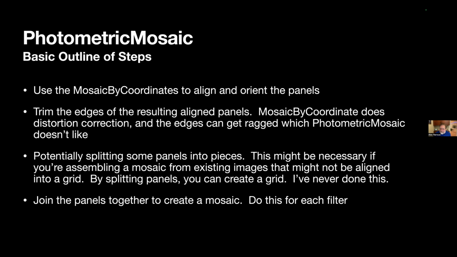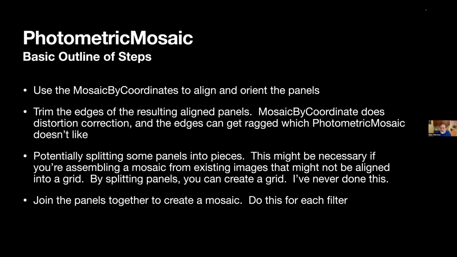So how do you use this tool? This is the basic outline of the steps of using Photometric Mosaic to create a mosaic in PI. Basically, there are 3 or 4 steps. You start with the script Mosaic by Coordinates, which ships with PI.